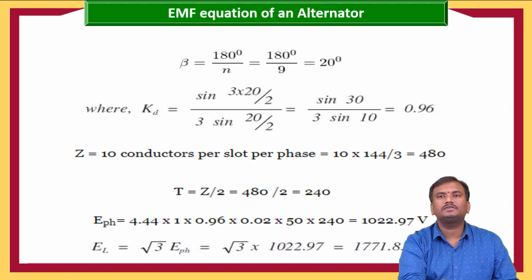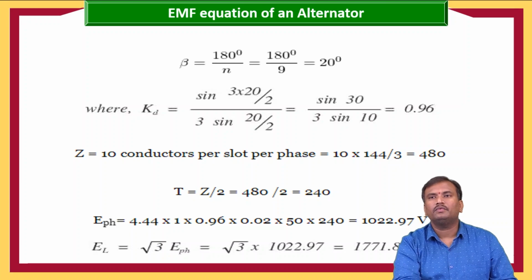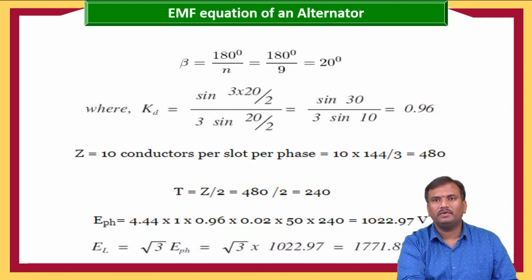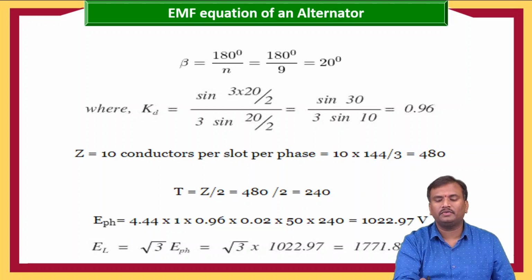Where Z is equal to 10 conductors per slot per phase, which is 10 into 144 by 3, which is equal to 480 conductors. Where T is equal to Z by 2, that is 480 by 2, which is 240 turns.